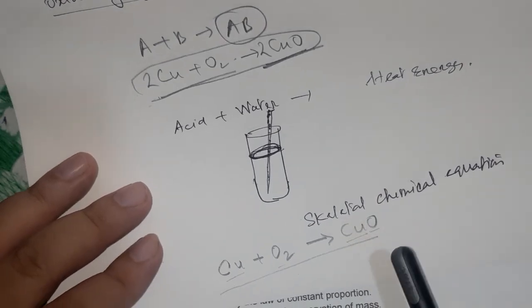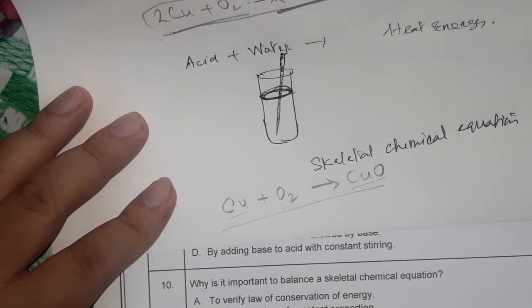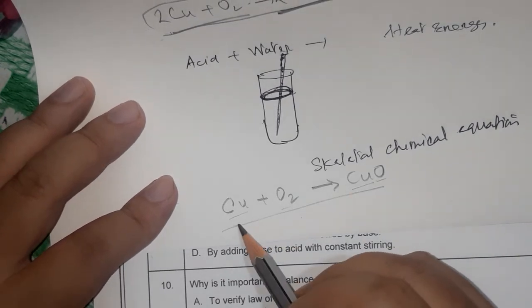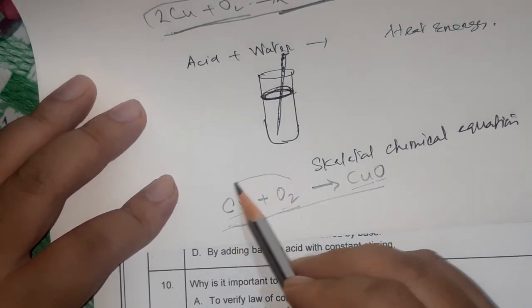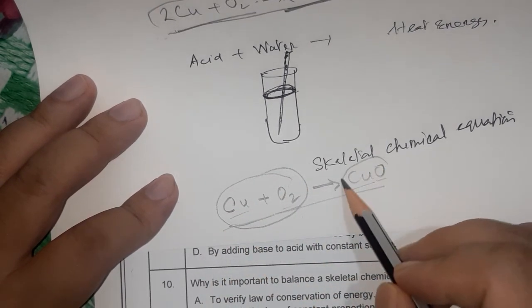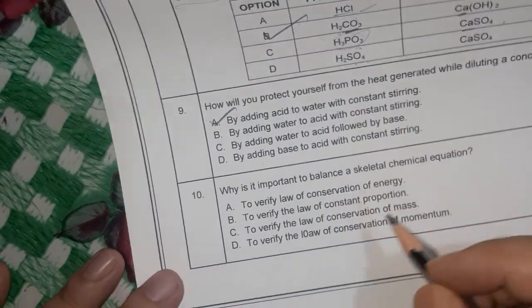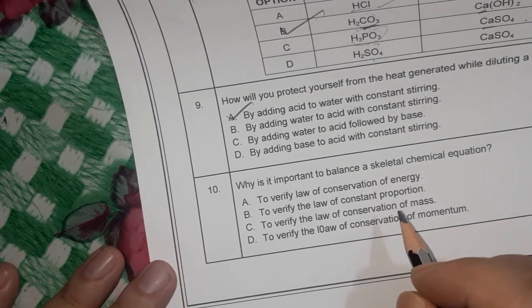They are asking why it is important to balance it. We should balance it so that the total mass of the reactants is equal to the total mass of the products, which is according to the law of conservation of mass.